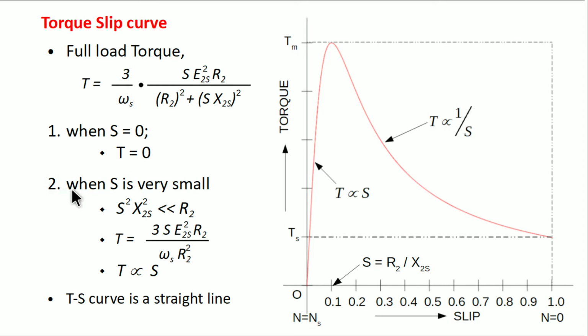Next is when the value of slip s is very small. If the value of s is very small, the square of slip will be much smaller. Therefore s square X2s square is negligibly small with respect to R2 square, and hence it is neglected.